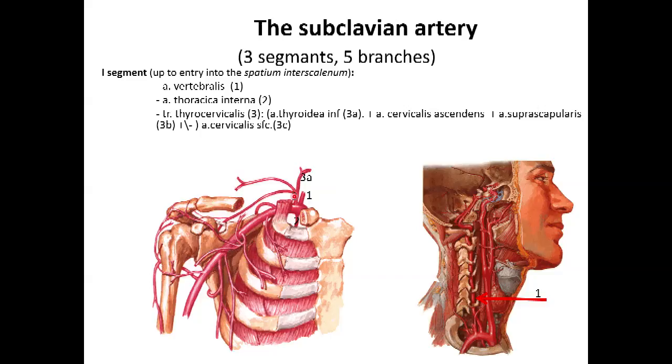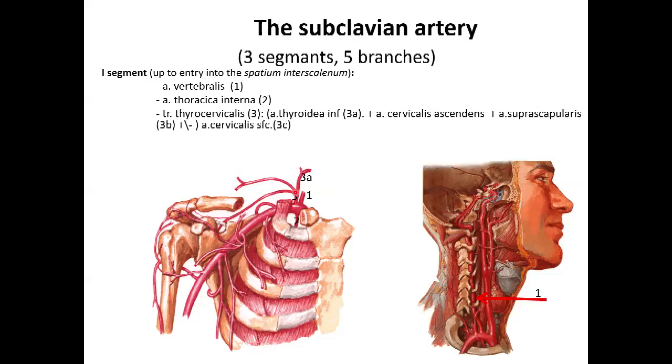This truncus thyrocervicalis is divided into 3 and sometimes 4 vessels, and they are arteria thyroidea inferior, 3A. This is arteria thyroidea inferior.